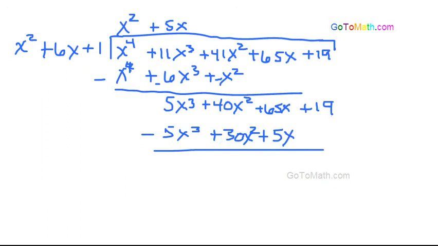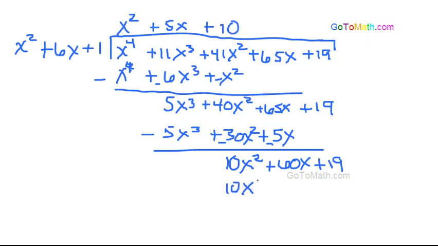Right, minus, so that'll be a minus, and that'll make that a minus. So we got 40x squared minus 30x squared, so that's going to make that 10x squared. And 65x minus 5x, that'll make that 60x, and then let's go ahead and bring down the 19. So x squared goes into 10x squared. You're going to be left with a 10, looks like.